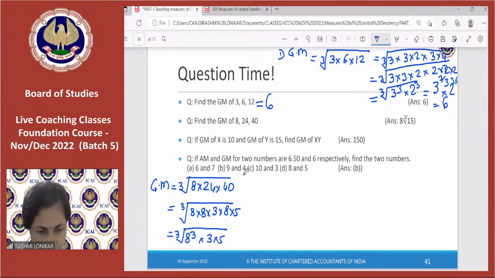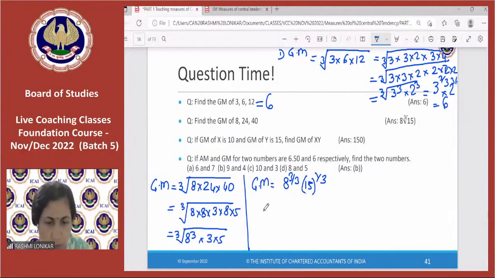So the geometric mean will be equal to 8 raised to 3 upon 3 and 3 into 5 is 15, 15 raised to 1 upon 3. 3 upon 3 is 1.